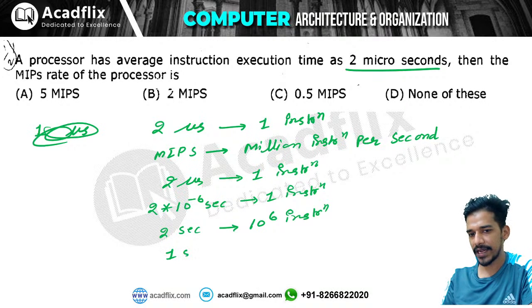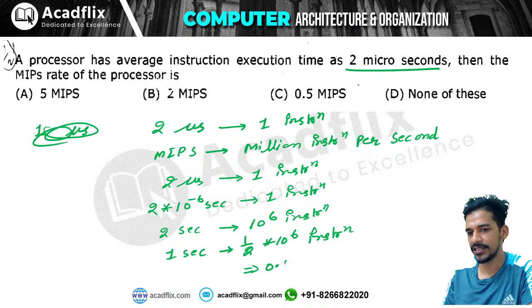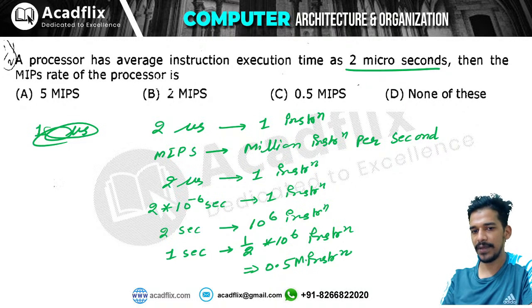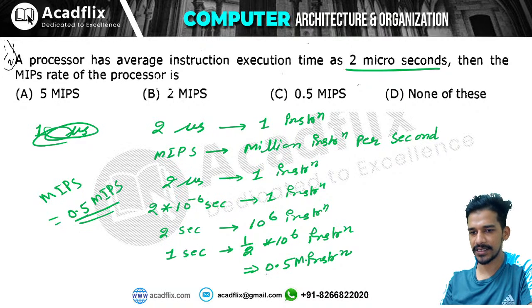So in 1 second it can execute 1 by 2 into 10 to the power 6 instructions. That means it can execute 500,000 instructions in 1 second. That means the MIPS rate is half, MIPS is 0.5 million instructions per second.